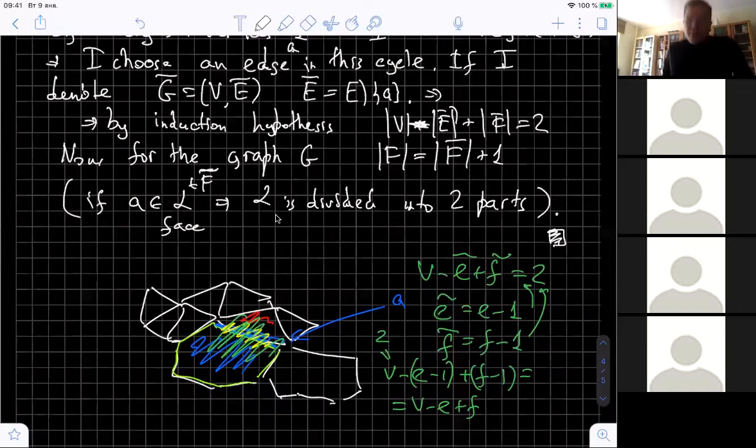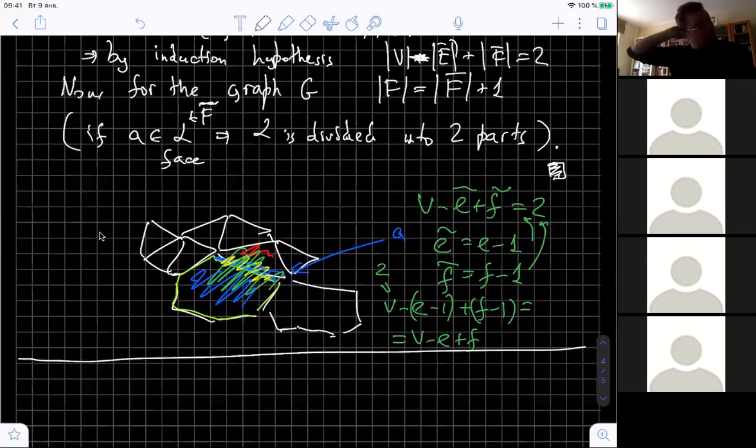So from the Euler formula we can obtain some properties, some inequalities of the number of edges and number of vertices.